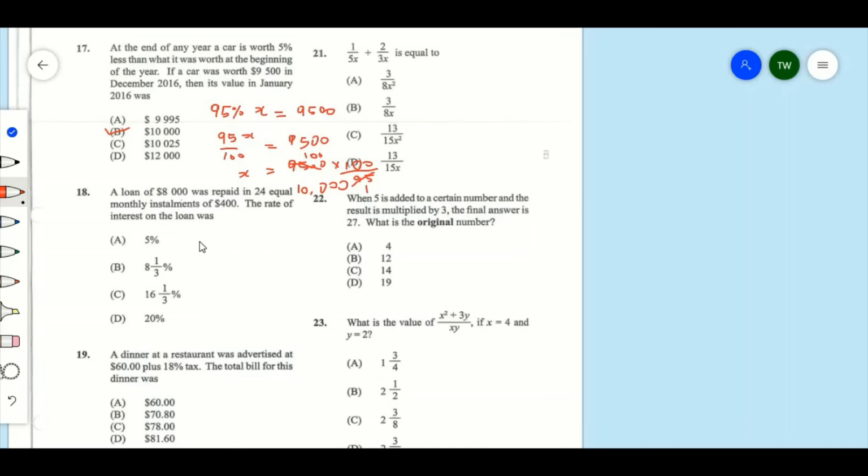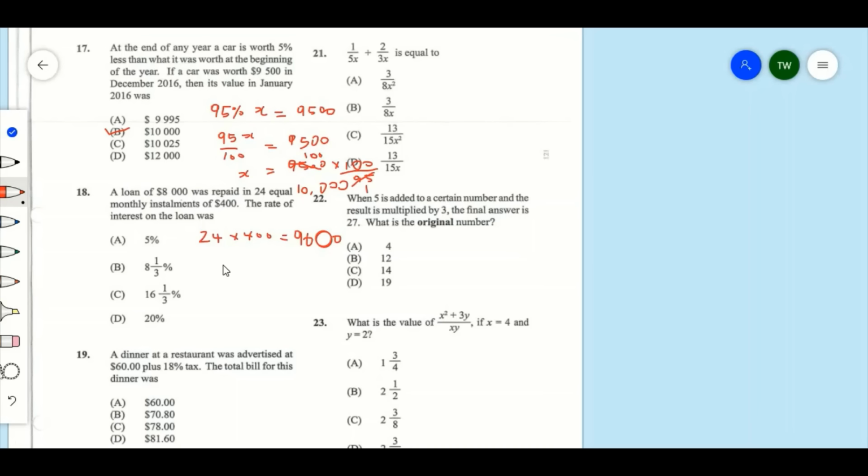So the total amount of money repaid is going to be 24 times 400, right? And 24 times 400, that's going to give us 9,600. So we know that the total amount of money that is repaid is 9,600.